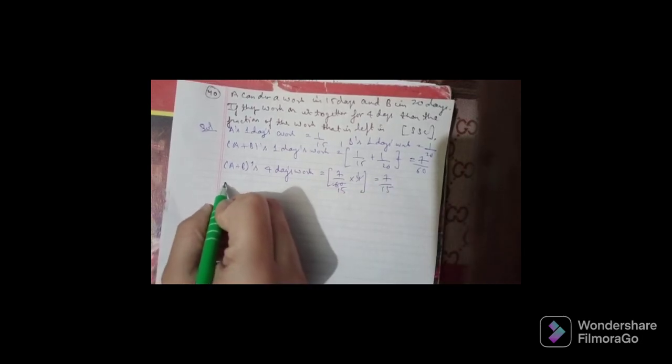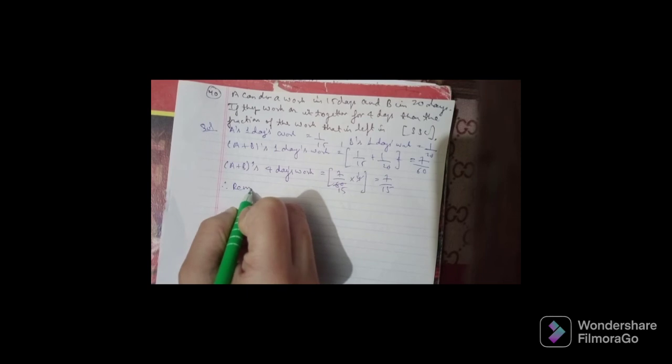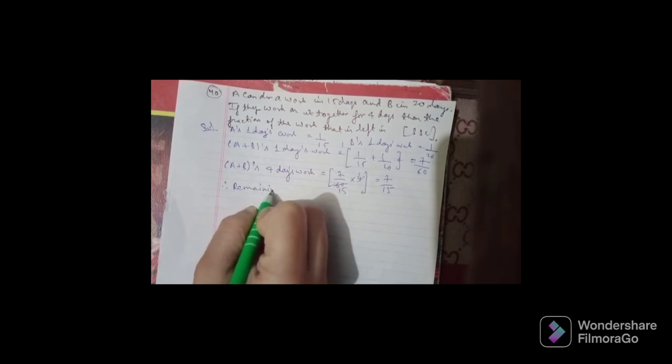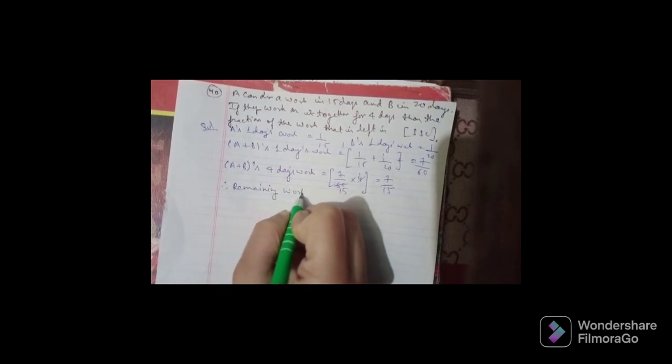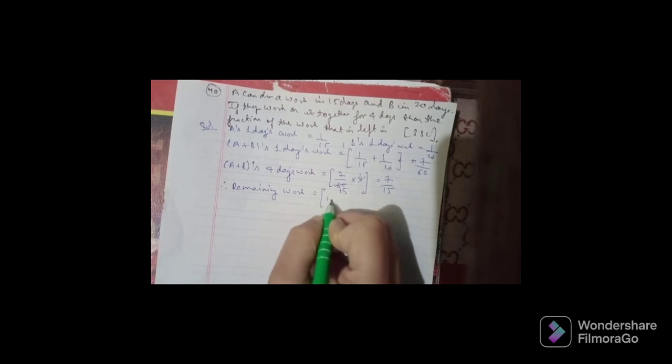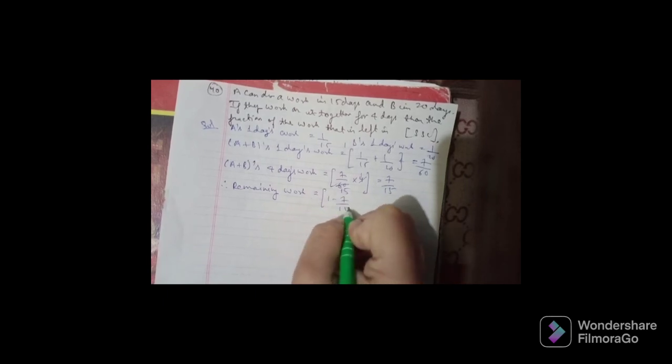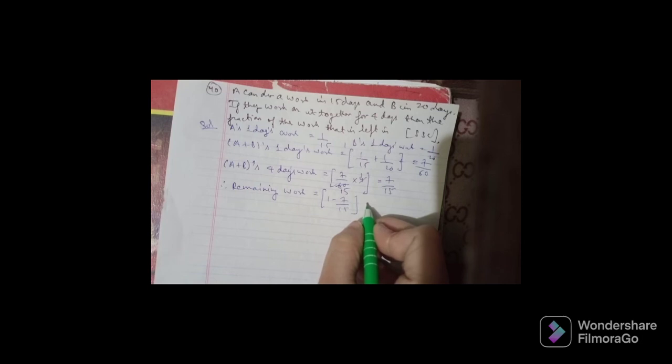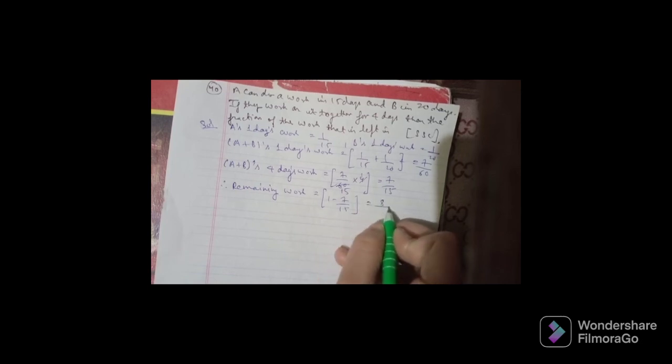So remaining work equals 1 minus 7 upon 15. We take the LCM, 15 minus 7, that is 8 upon 15. That will be the right answer for this question.